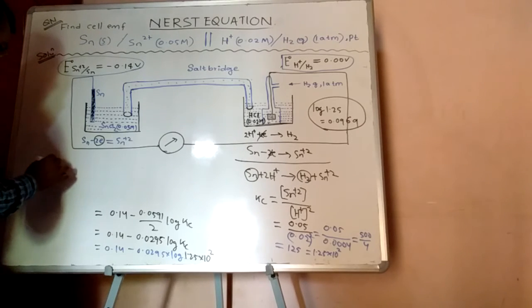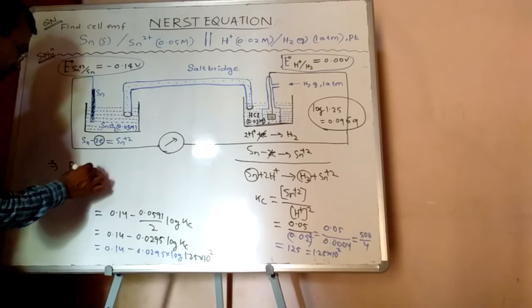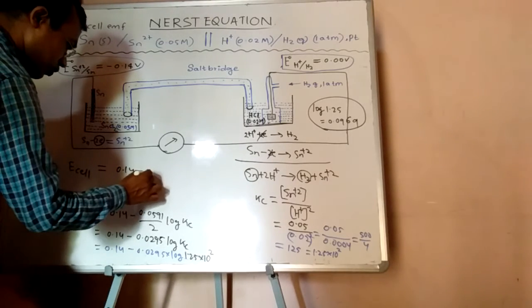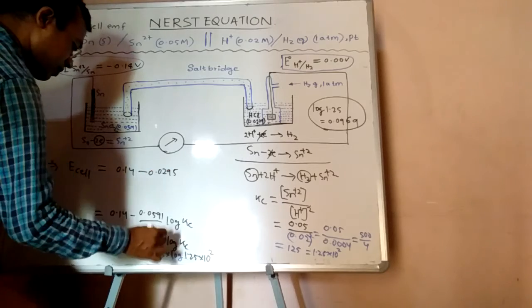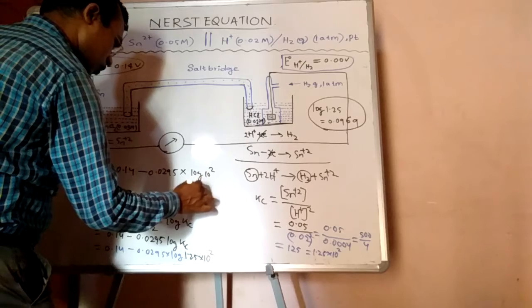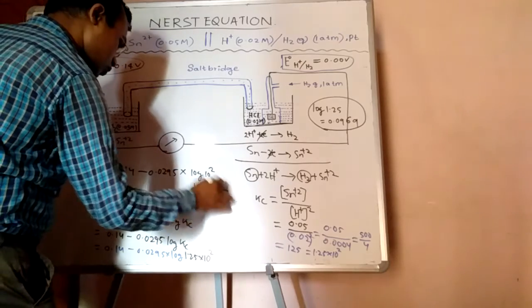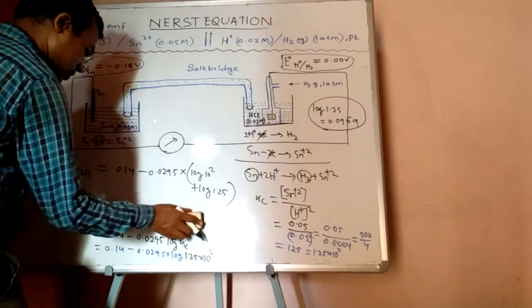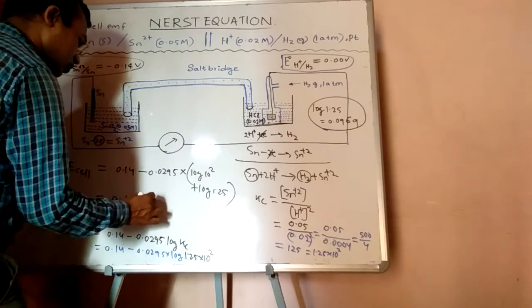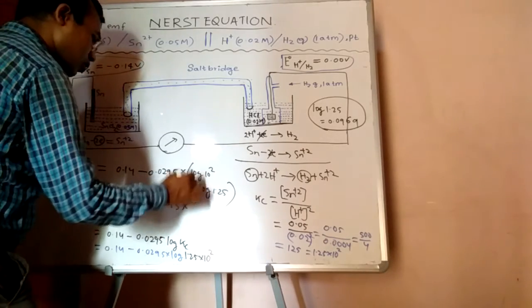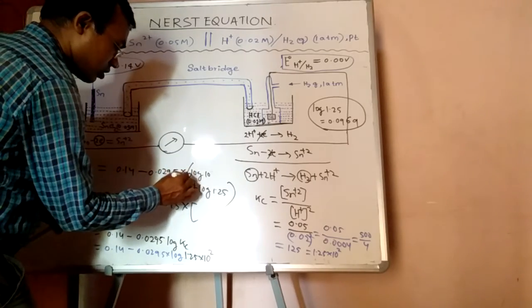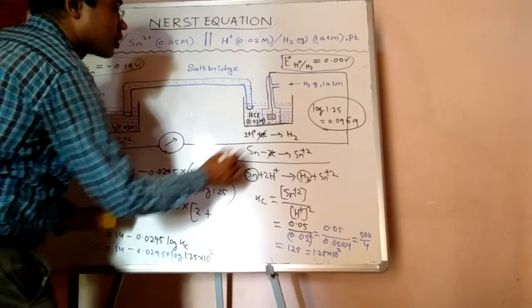That is equal to 0.14 minus 0.0295 into log of 10 to the power 2 plus log of 1.25, that is equal to 0.14 minus 0.0295 into 2 plus log 1.25.